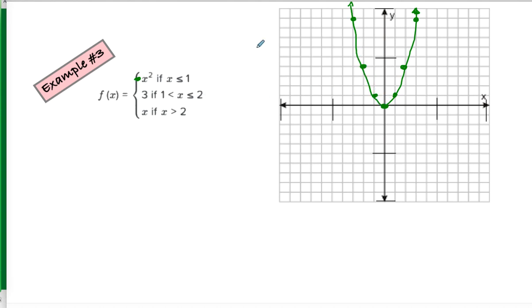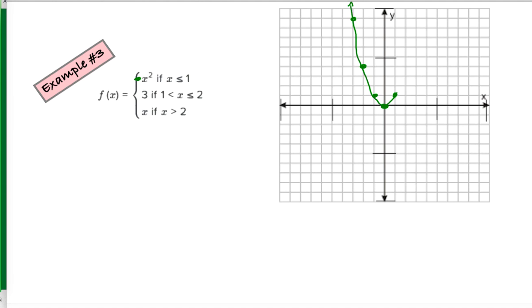This is how I would do it. Okay, there's my entire parabola. I want to go to where x is 1, which is right here, and I want this green to be everything less than or equal to 1. So I am going to erase all of that stuff right there, because that's greater than. Notice 1 has a less than or equal to, so that gets a filled hole.